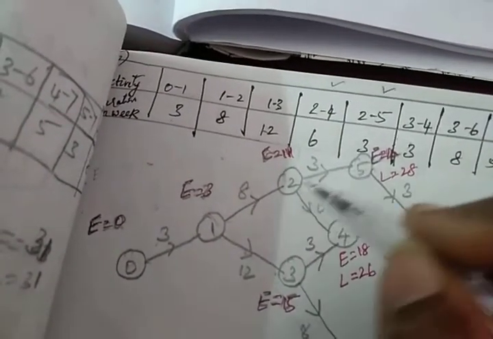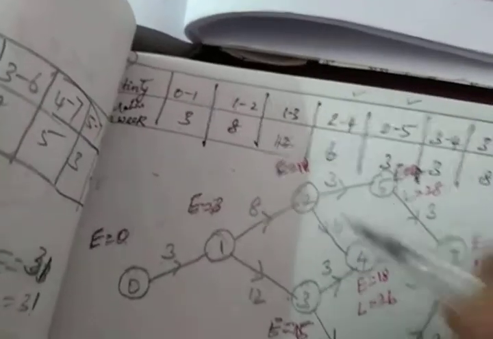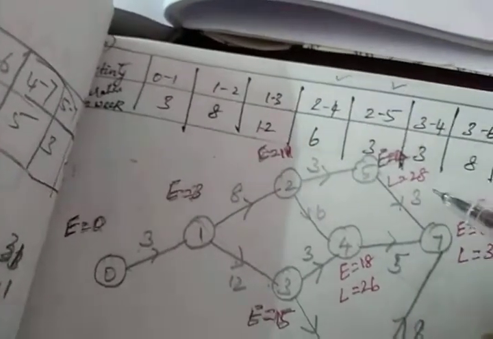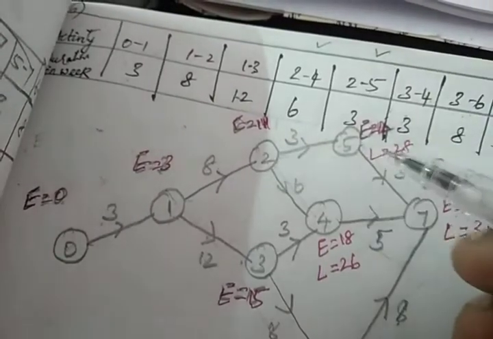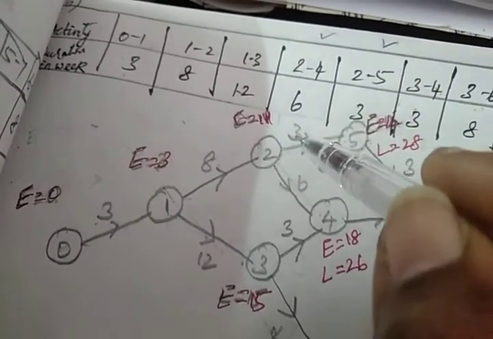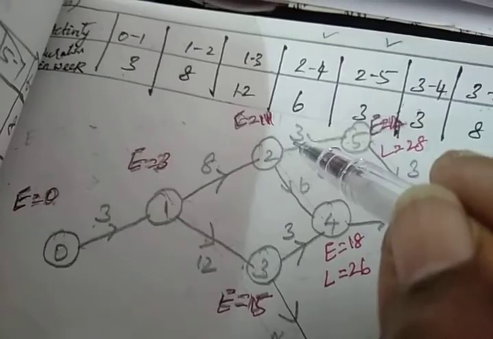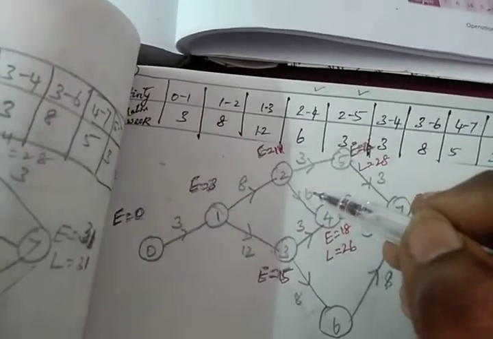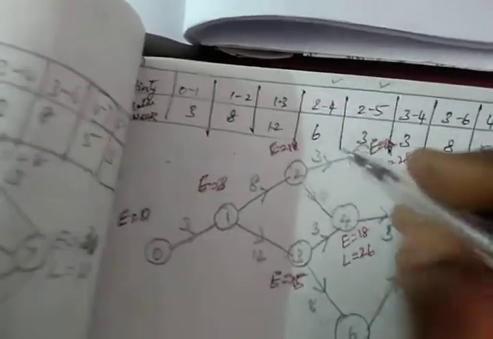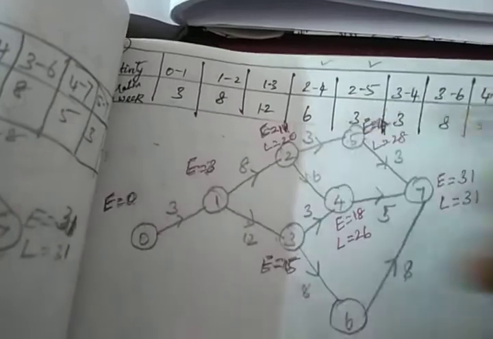Now for node 2, 2 activities are there. Whichever has the minimum value, you have to write it for L. So 28 minus 3, it is 25. Similarly 26 minus 6, it is 20. Which is the least? 20 is the least, so I'll write 20. So L is equal to 20.